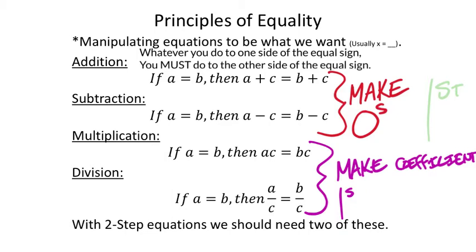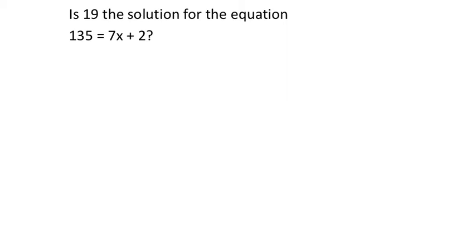And like it says here at the bottom, we should only need 2 of these principles of equality. Again, first you're going to make zeros, and second, you'll be looking to make coefficients 1s. But you have to use one of these 2 principles of equality to do that, multiplication or division. So all this is review, which then leads us to the first one we're going to see.